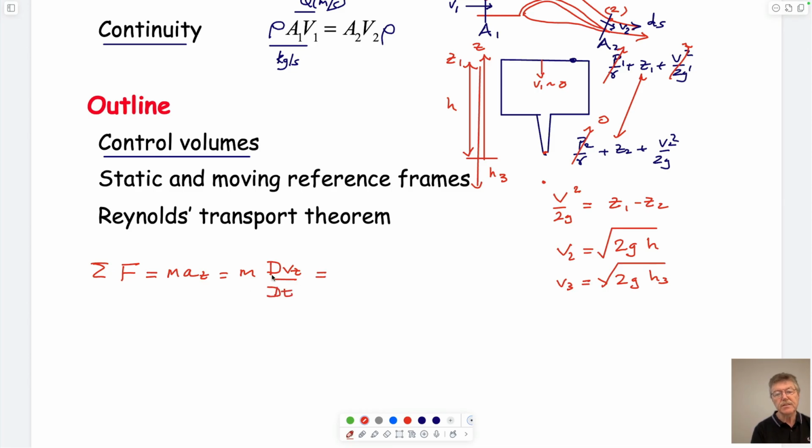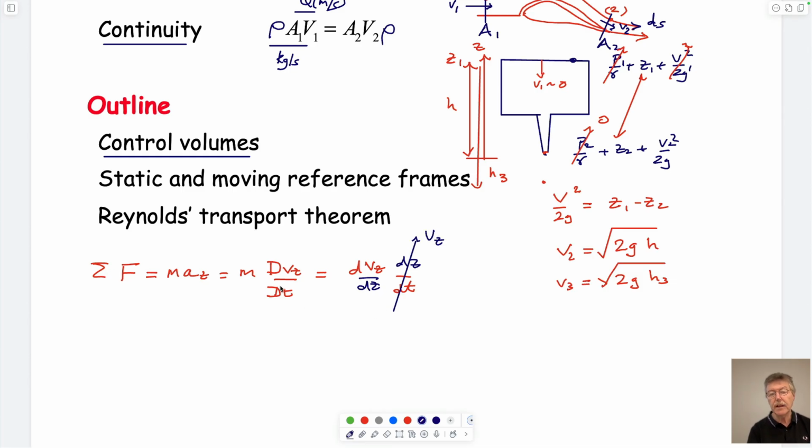This is what is called the substantial derivative or material derivative, and we did this already. This, by definition, is the velocity in the z direction.